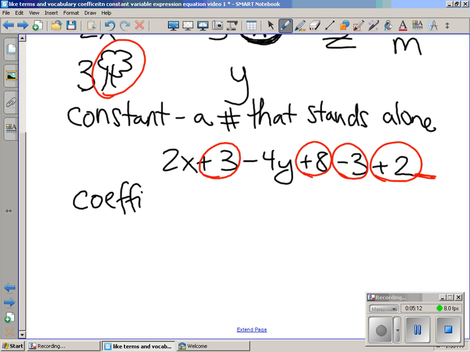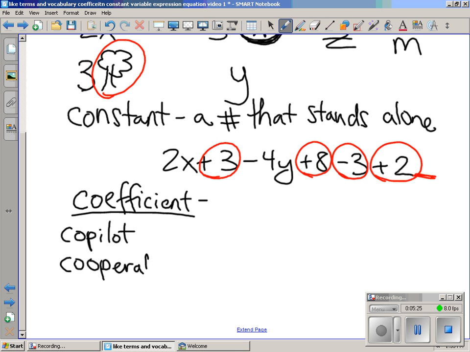Then we get to coefficient, and I like to list some other words that start with co. How about copilot, cooperate, co-teacher, co-worker, and I want to highlight this co in front.